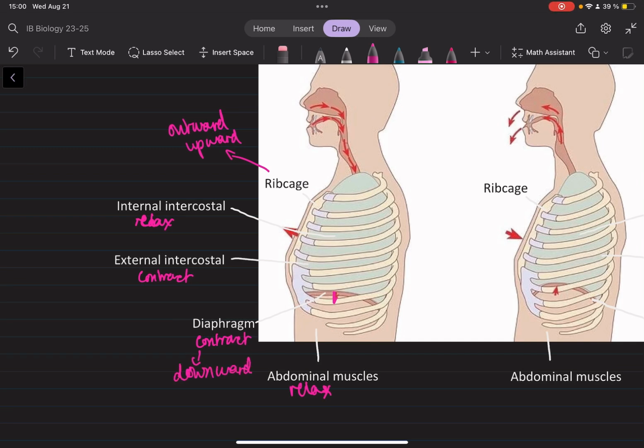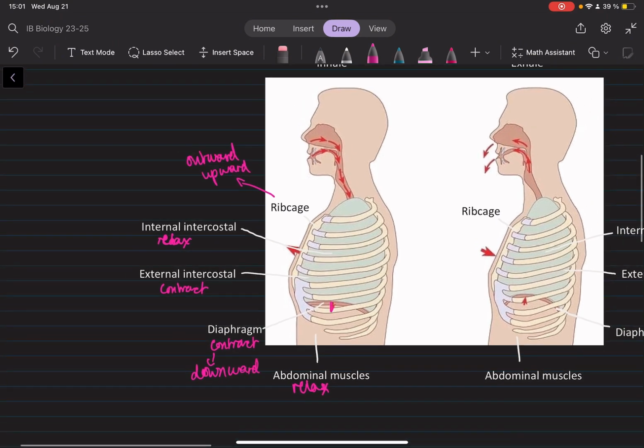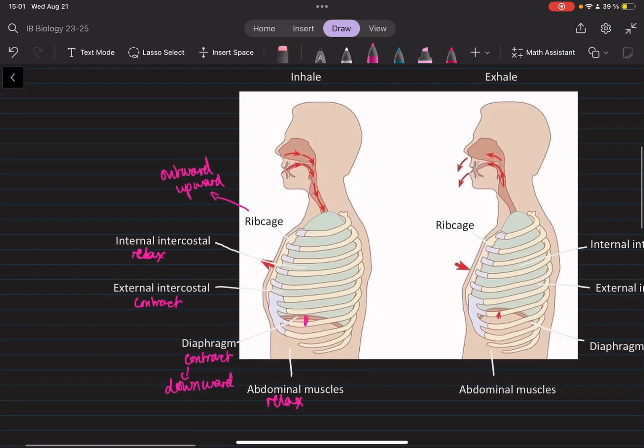And this all increases the volume of the thorax, which again decreases the pressure within your thorax. And because the pressure is now lower than in the atmosphere, that means that the gases are able to flow into your lungs.